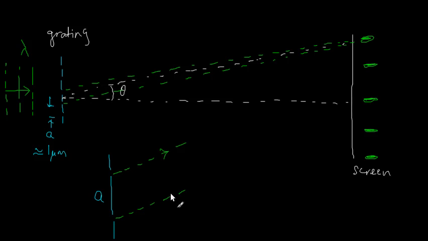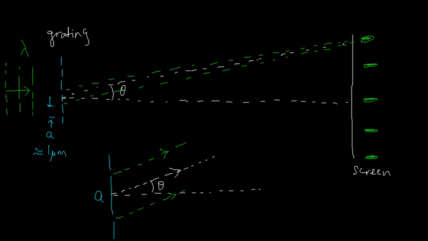Okay, parallel paths, and I have this horizontal line, which is 90 degrees to the vertical grating, and I have this line in between the slits, also parallel to the two rays, and I have my angle theta down here. Now, I'm interested in relating this angle to the path difference.